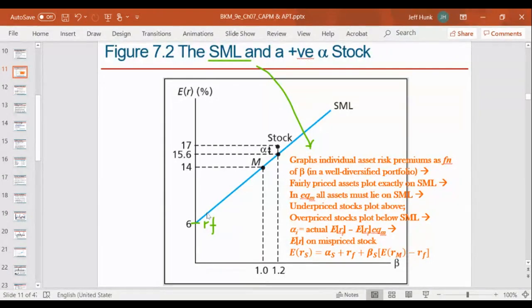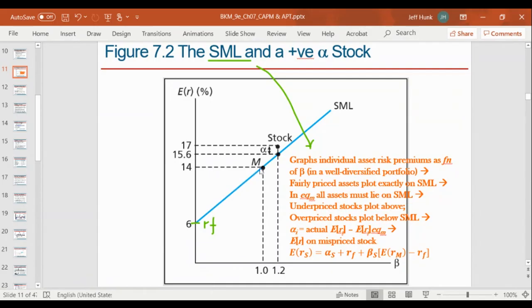So basically, if the stock is fairly priced, right, in equilibrium, fairly priced means it's in equilibrium, then all the returns of the stocks will have to lie, and the stocks will vary only in their beta value, right?